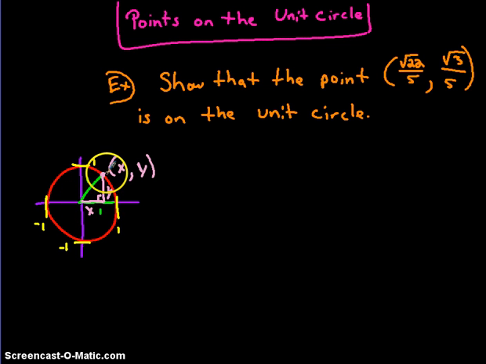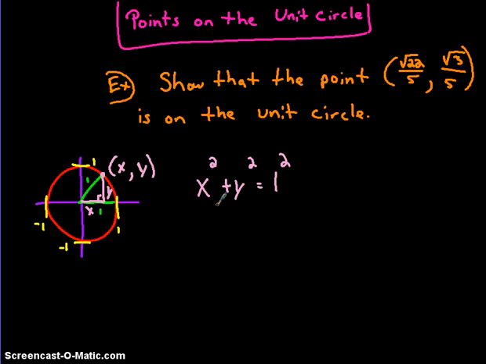So if I wanted to prove that, I could use the Pythagorean theorem, and I could simply say x squared plus y squared has to equal 1 squared. So if you want to prove that, both of those lengths have to be a and b in the Pythagorean theorem, so it would be a squared plus b squared equals c squared, or x squared plus y squared equals 1 squared.